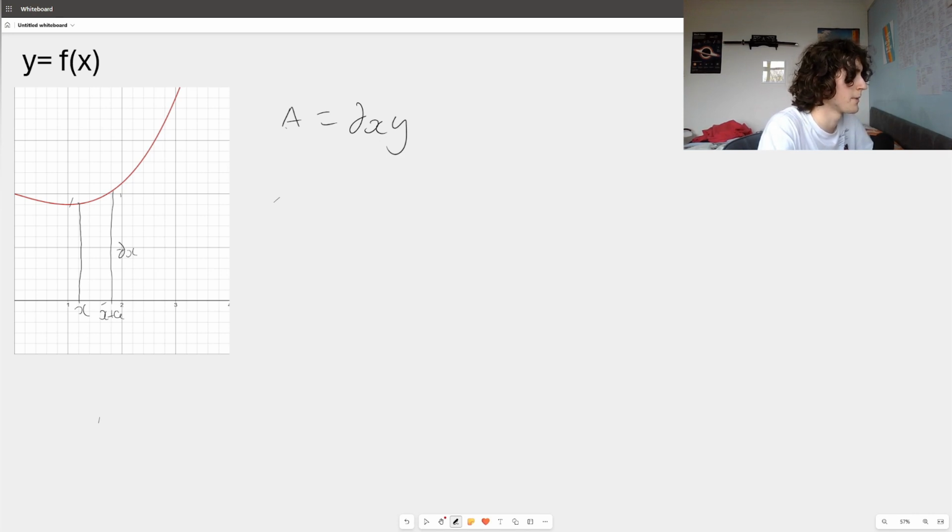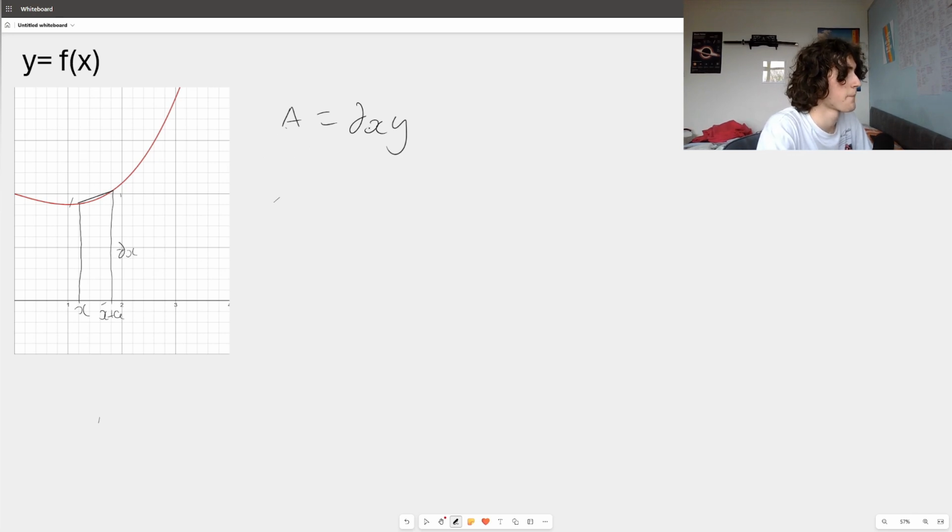Of course, this is going to be a trapezium, which can link back to the trapezium rule. However, we don't want to have to deal with trapeziums because that means we're going to get an approximate result. We want to calculate the exact area that is going to be generated when this is rotated around an axis.